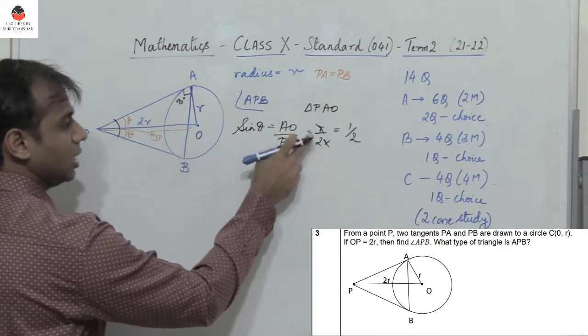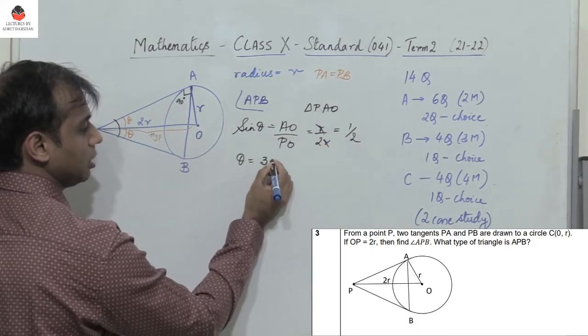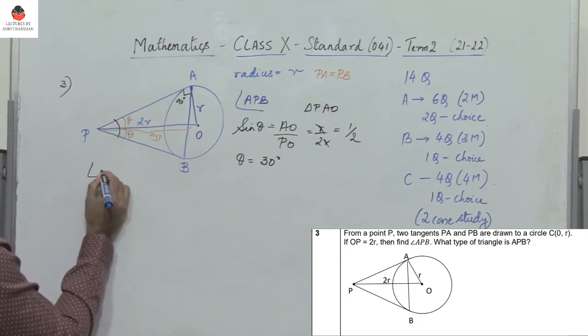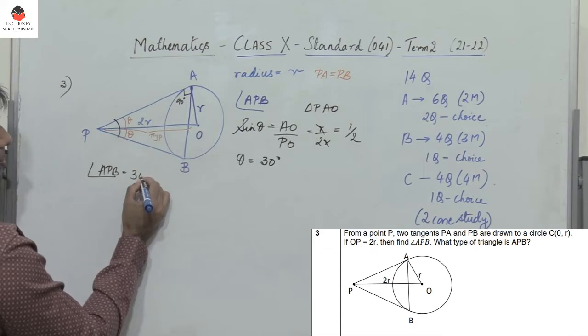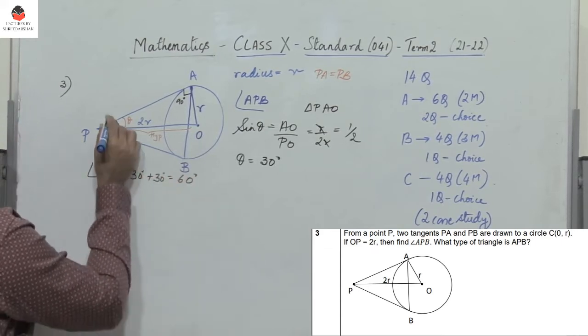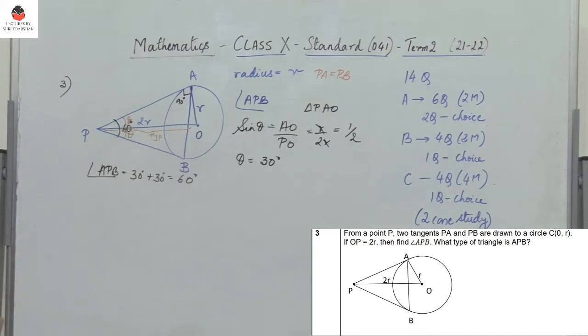So since sine theta is 1 by 2, theta definitely is equal to 30 degrees. So this is 30, this is 30. So the entire angle APB is equal to 30 plus 30, which is equal to 60 degrees. So this is 60 degrees.